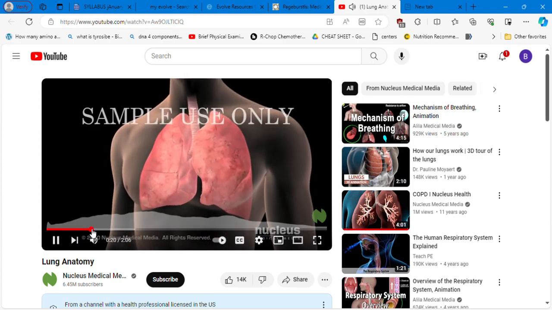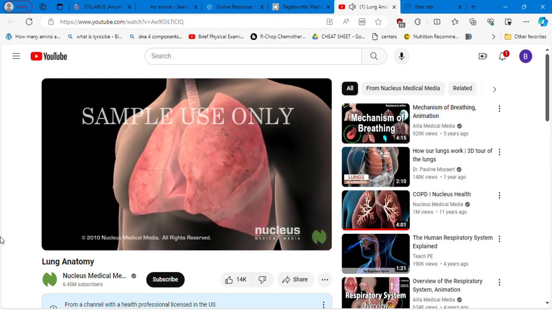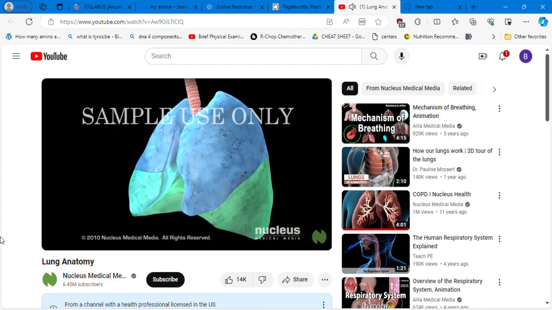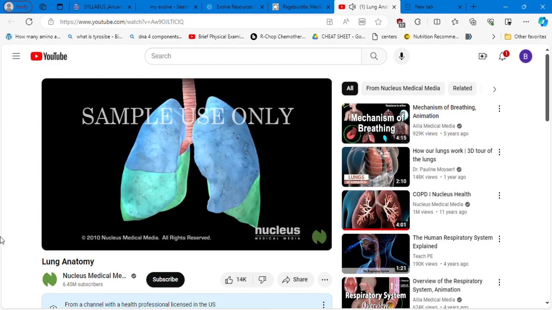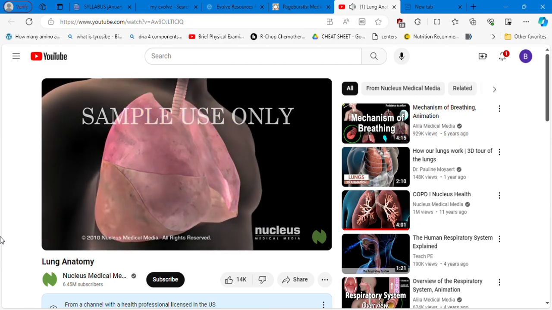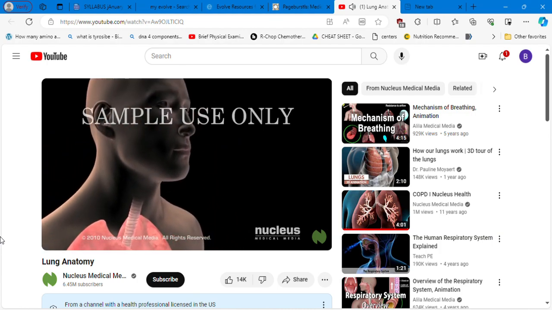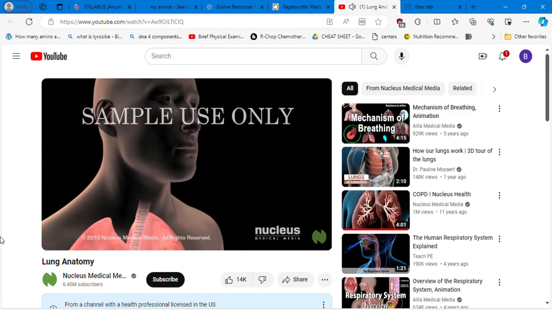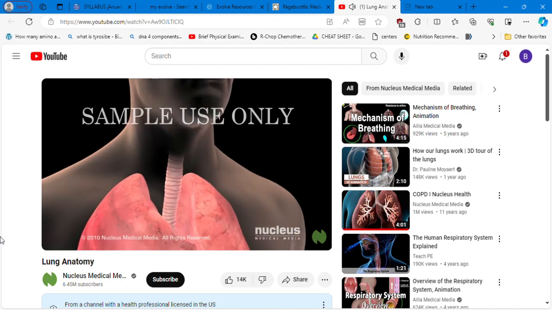Your lungs are two spongy organs in your chest. The left lung is divided into two lobes, or sections, and the right lung has 3 lobes. When you breathe in, air enters your nose or mouth and passes into your trachea or windpipe.